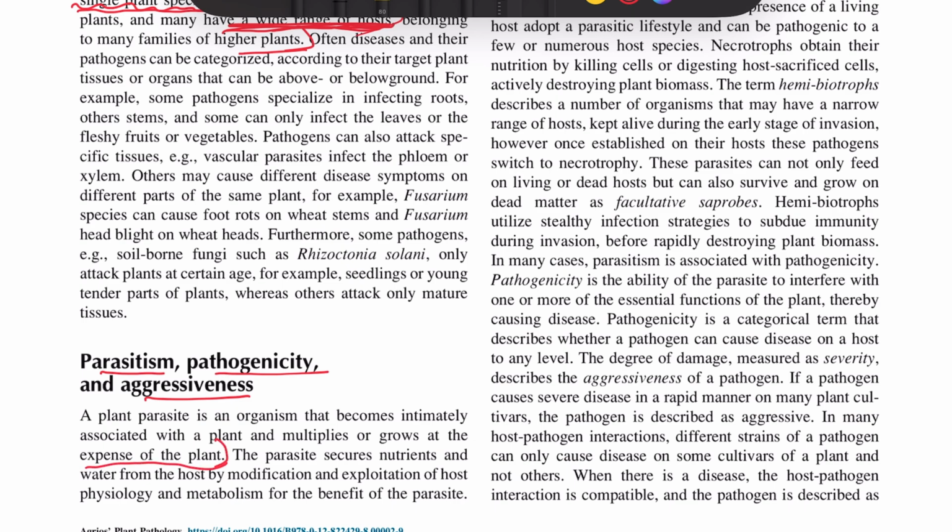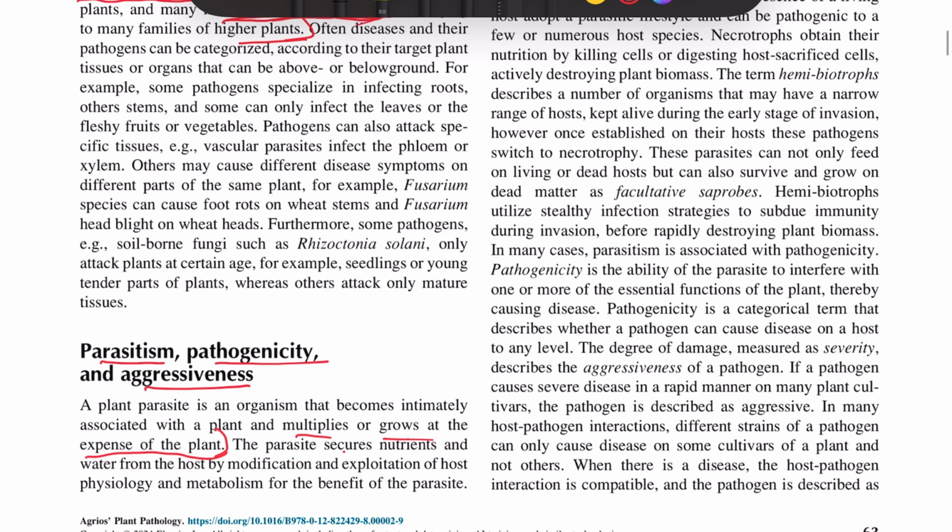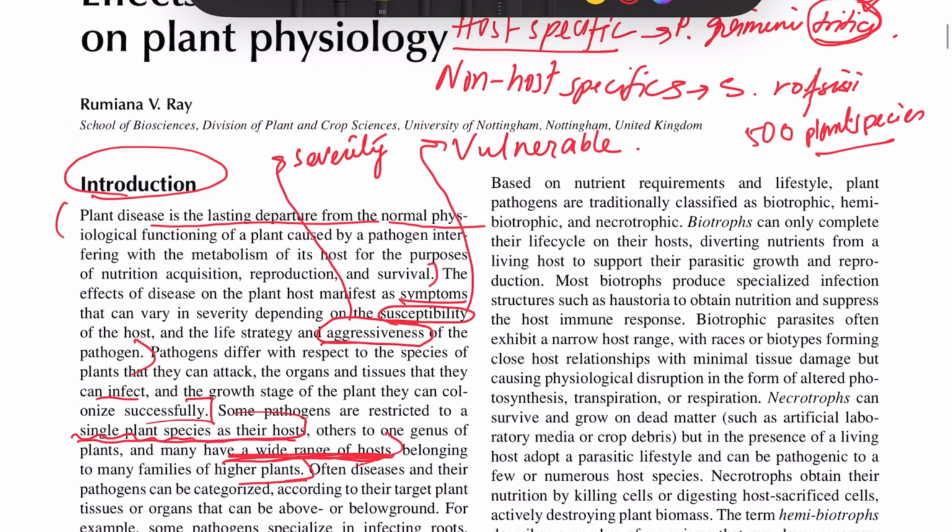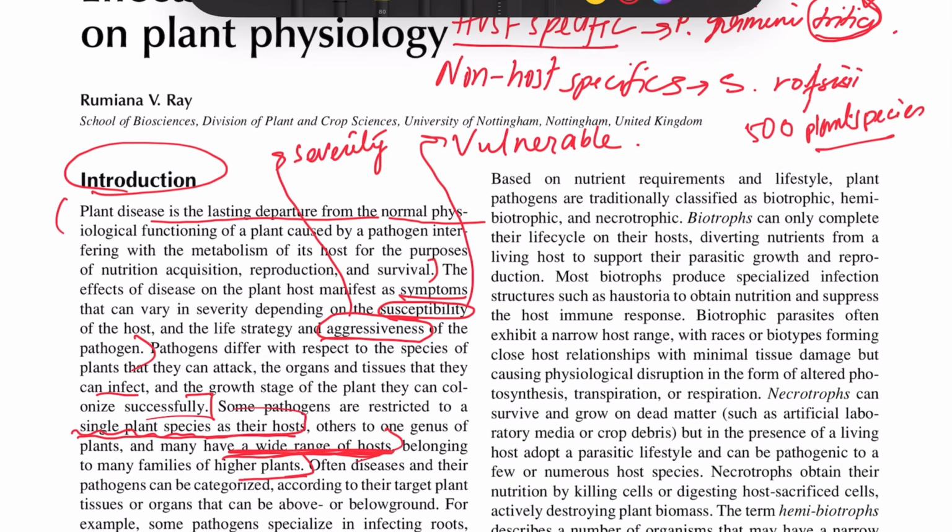Parasite means an organism which is parasitic to another organism, meaning they get benefited from the second organism. A parasite secures nutrients and water from the host by modification and exploitation of host physiology and metabolism for the benefit of the parasite. I hope everybody is familiar with the term parasite. We have heard of it many a time.